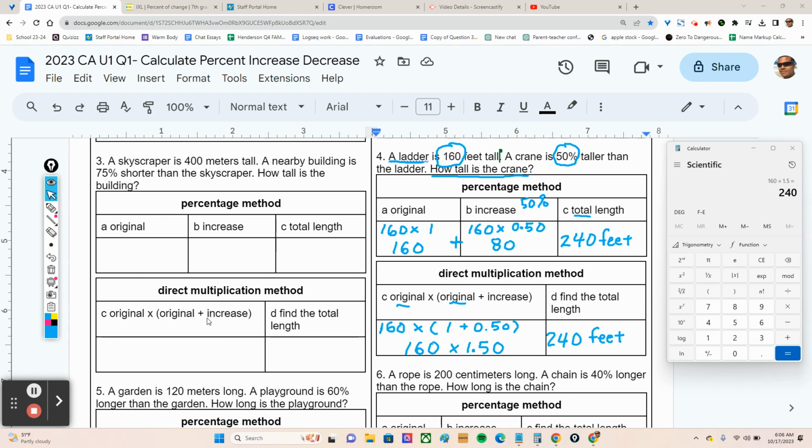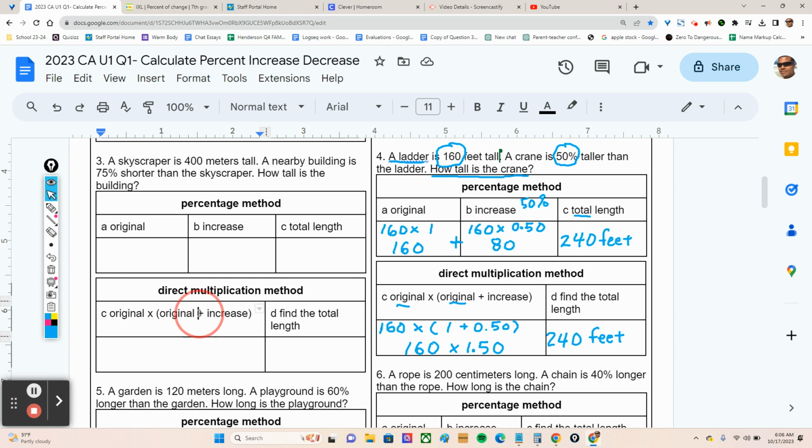All right. I just noticed it should be subtraction here, because for this next question, a skyscraper is 400 meters tall and a nearby building is 75% shorter.